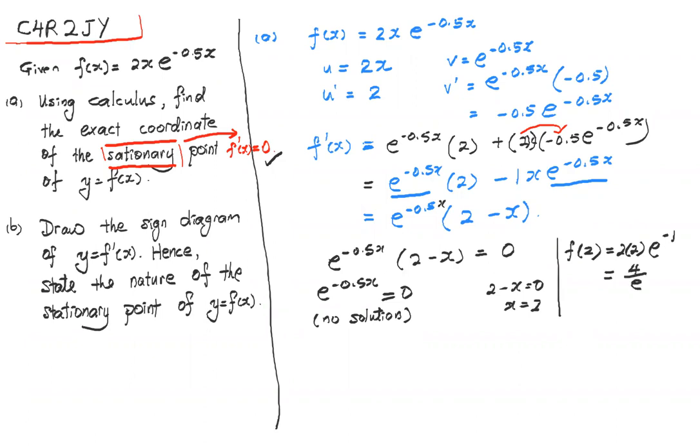So the coordinate will be (2, 4/e). So that is how you get your 4 or 5 marks from your SAT 1. So this is when the question says using calculus. So you have no choice to go through this. If the question doesn't say, then you can use your graphic calculator and get the answer.